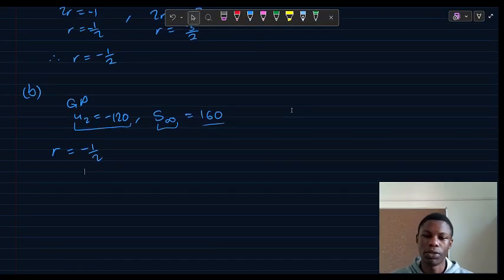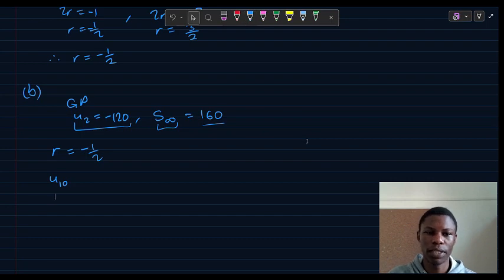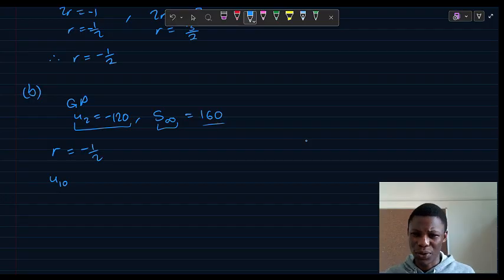But now we've been told that the first 9 terms of our progression are removed. And so this means that what would have been the 10th term in the previous progression is now our first term here. So in our previous progression, we had u2 was -120. So we know what our common ratio is.